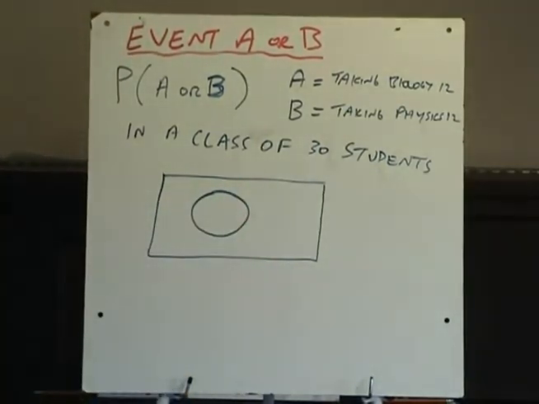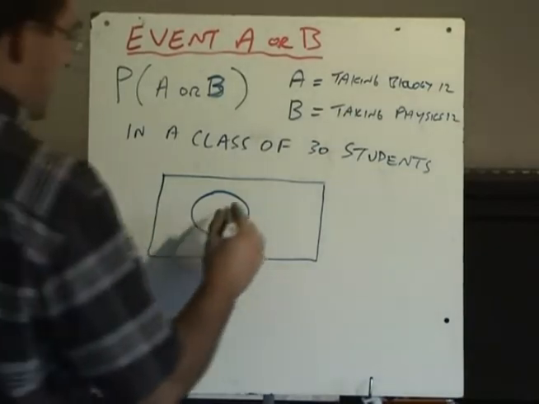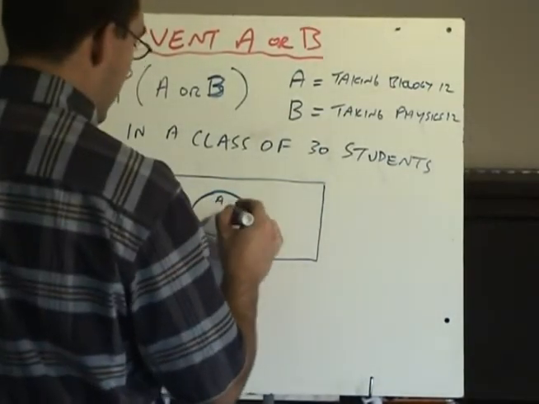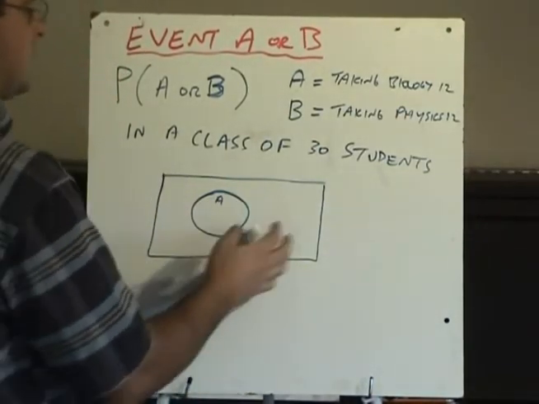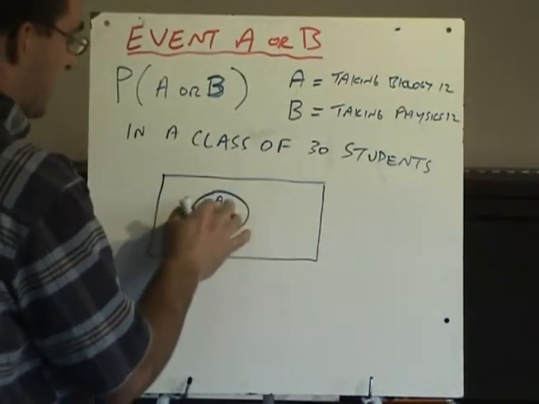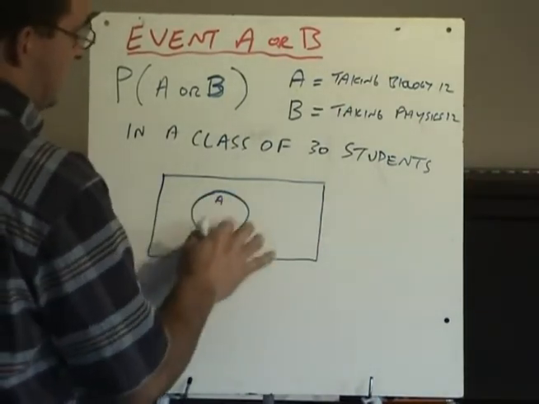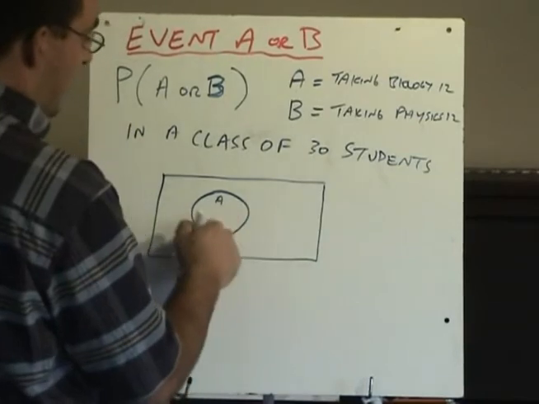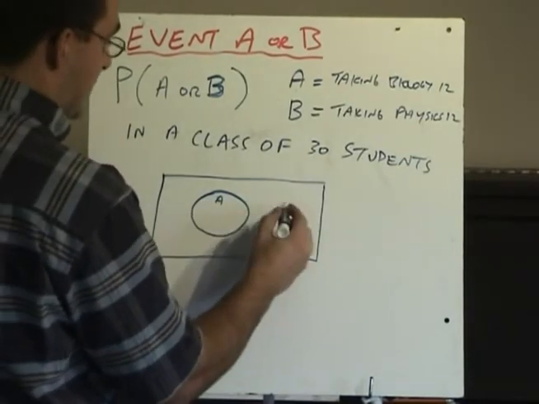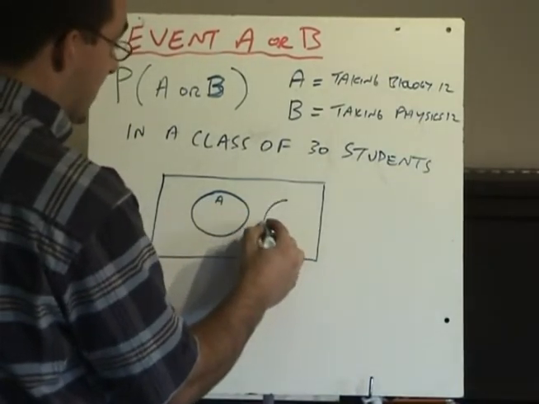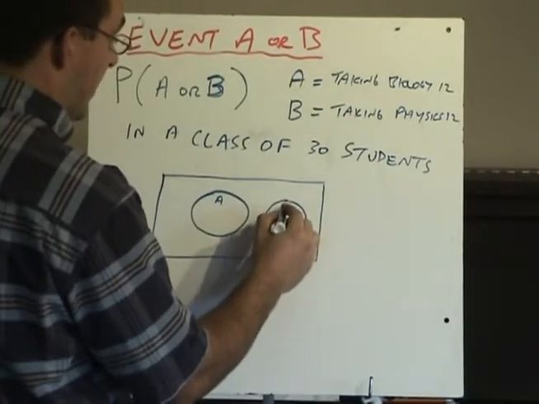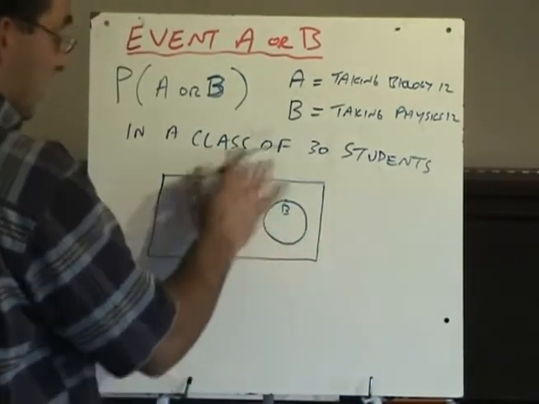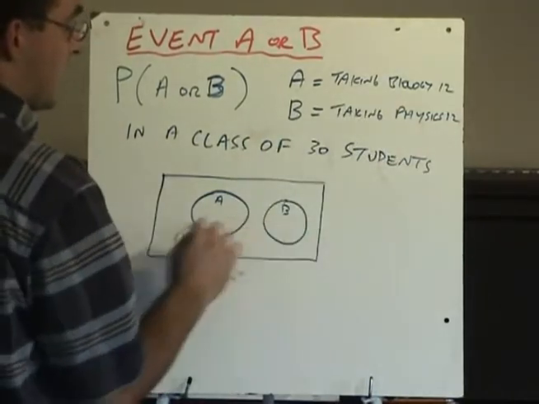So in the classroom, I say I want all the people who are taking biology 12 to go stand in this circle. So you imagine some people get out of their desks, move around, go in this little circle here. These are all the biology 12 students in the class. Then I ask, anybody who's in physics 12 to go stand in this circle.